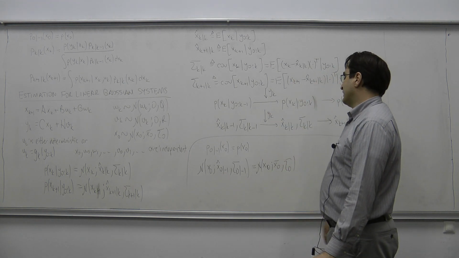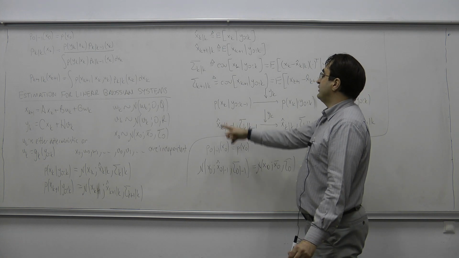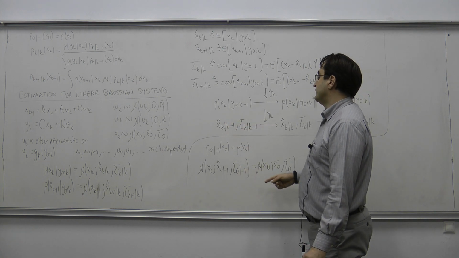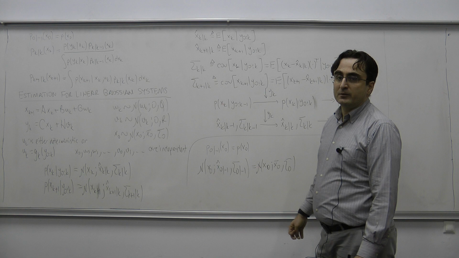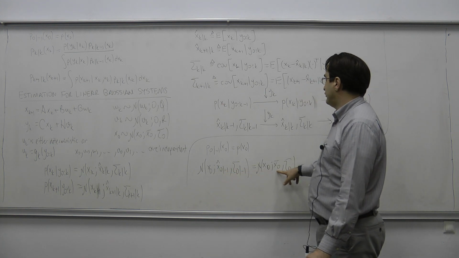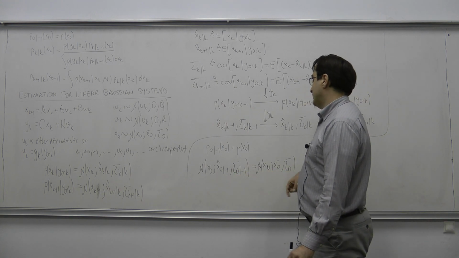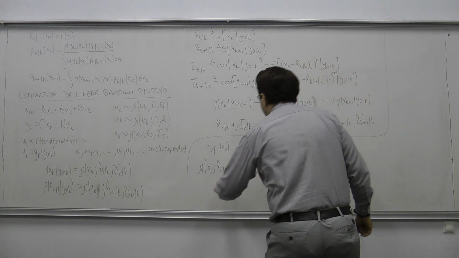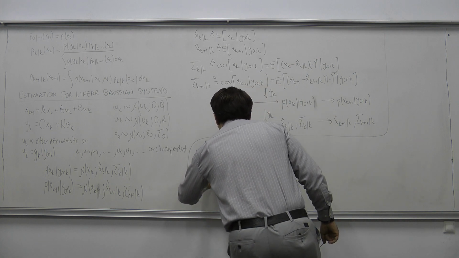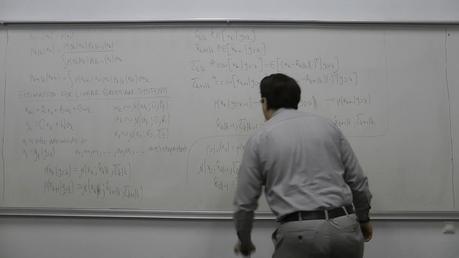So this means that, in order to make the initialization of the Bayesian recursion for a linear Gaussian system, all I have to do is to equate the initial mean to the initial mean of the state x0 and the covariances here. So the initialization step is nothing but equating x0 given -1 to x0 bar.